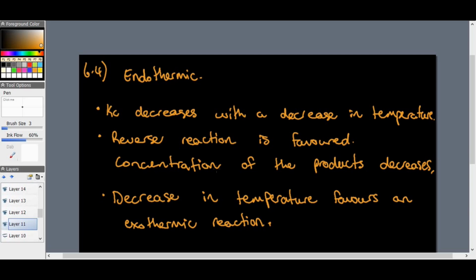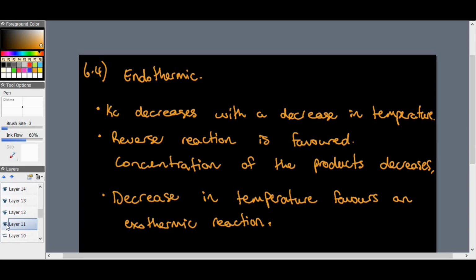If you increase the temperature, it will favor the endothermic reaction. So the forward reaction is indeed endothermic. But we know we had a decrease in temperature, so the reverse obviously would be favored, which is exothermic. And that was 6.4.